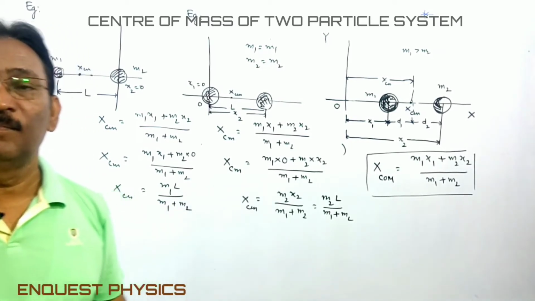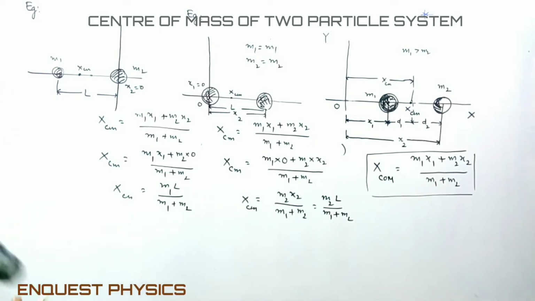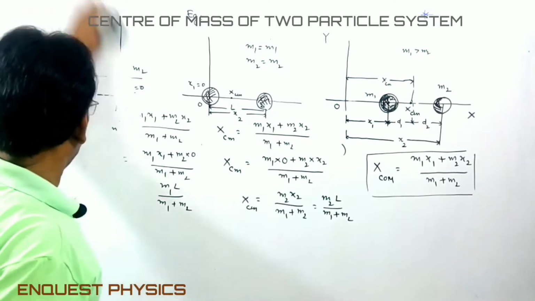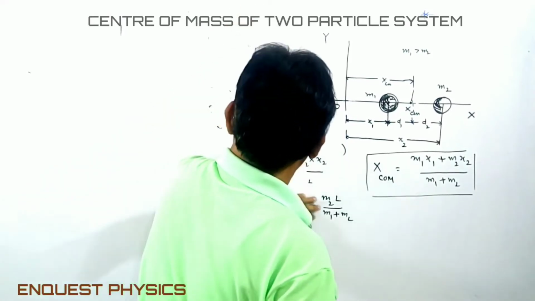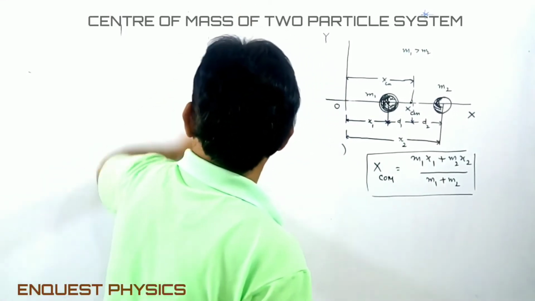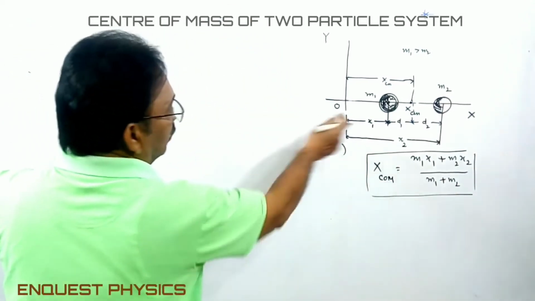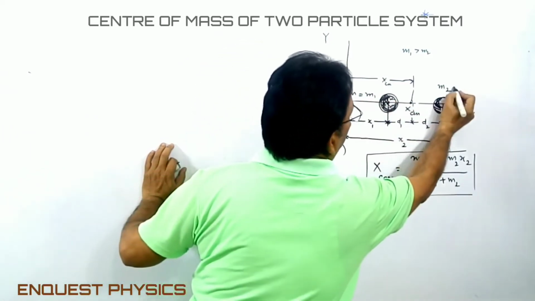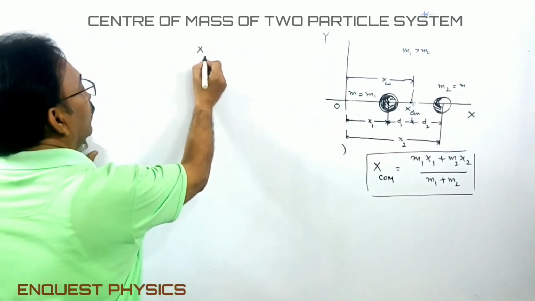Okay students, these are a few examples of center of mass. And now say, if the masses are the same, where would be the center of mass? Here I am saying m1 is m and m2 is also m, and we are substituting the values.